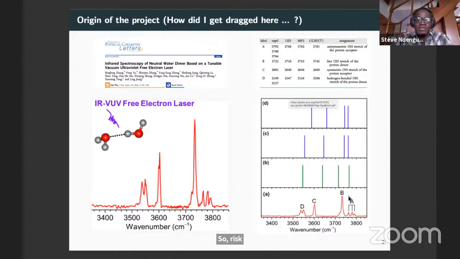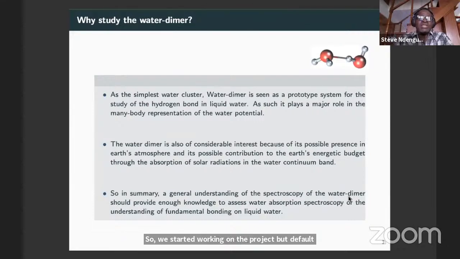So we started working on the project, but first there is this question: why is the water dimer interesting? First of all, the water dimer is the smallest, simplest water cluster, just two water molecules. There's the idea that if one is able to understand the hydrogen bonding in this simple system, there's a chance that we understand the hydrogen bond in liquid water a little better.